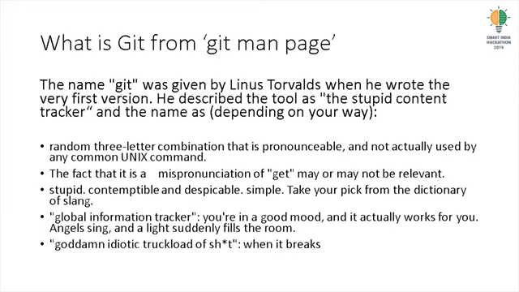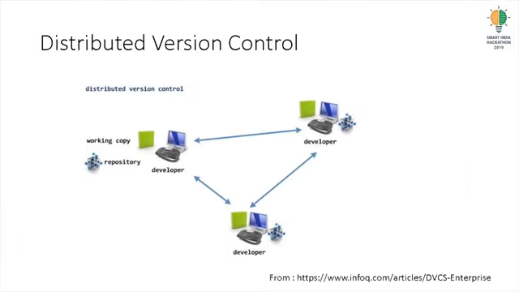If you are in good mood, you can call it a global information tracker. If you are in bad mood, you can call it a goddamn truckload of shit when it breaks, up to you. Essentially, the name Git doesn't have a meaning. It's just a name and we use it.